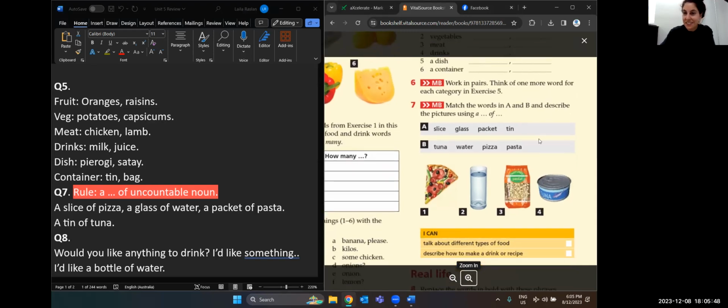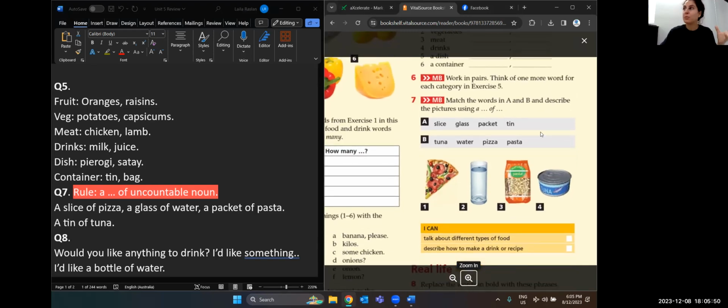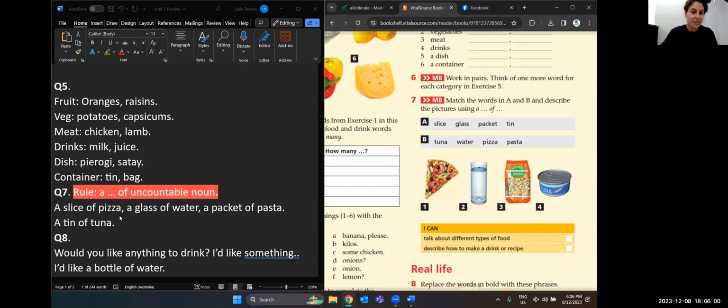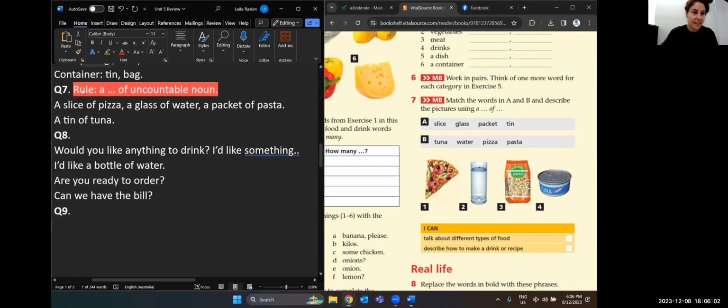Let's match these words. So now we're talking about uncountable nouns. How do we know? We can see the structure. It's got the word of. We have to say slice, glass, packet, tin, and then of, and then the noun. So that's your rule there. The rule is you say a, whatever word, glass, packet, kilo, kilogram, liter, of, and then the uncountable noun.